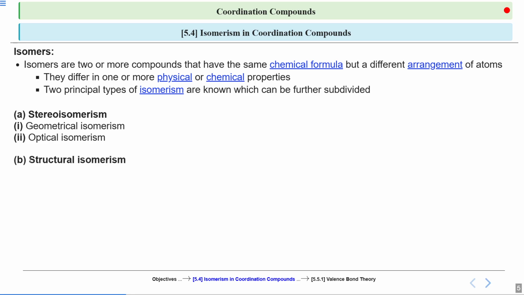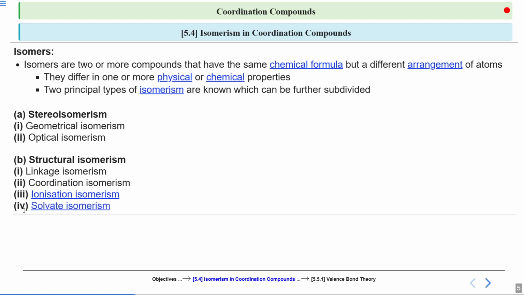The second principal type of isomerism is structural isomerism, which can be further divided into linkage isomerism, coordination isomerism, ionization isomerism, and solvate isomerism. Today we are going to cover the two types of structural isomerism, the ionization and the solvate isomerism, in detail.